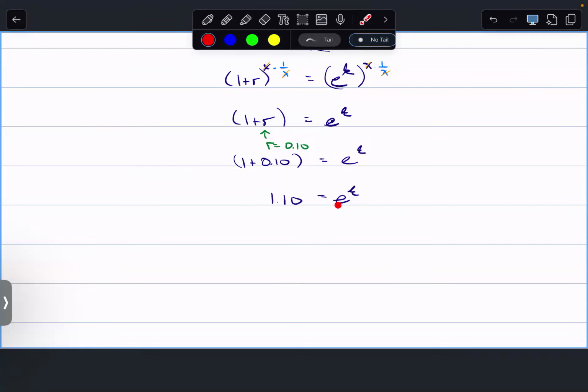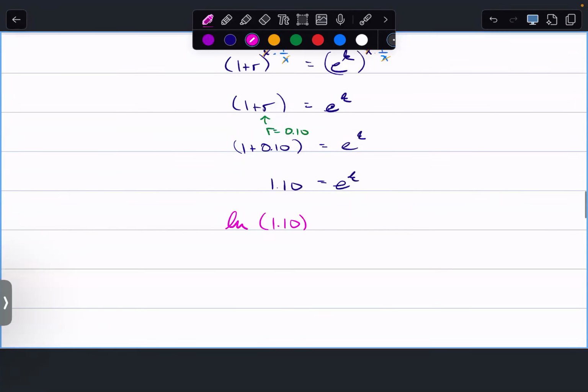I'm going to use log base e, not only because it's my favorite, but also because I have a base e here, and so then they'll cancel. So I need to do it on both sides. The log of 1.10 is the log of e to the k.